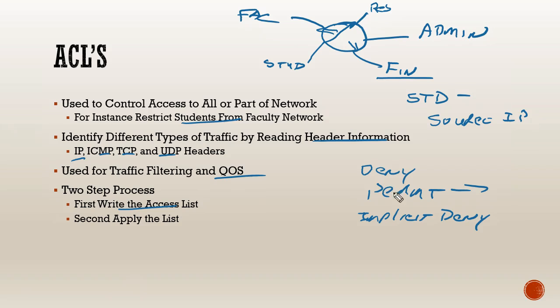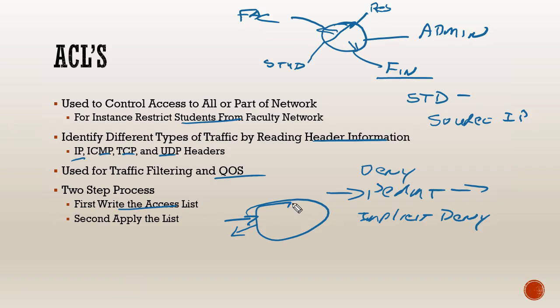So we have to have at least one permit statement in an access control list. Once we write the list, then we're going to apply the list to an interface. The interface on the router, and we're either going to apply it as an inbound or as an outbound. So we're either going to control what goes in or what goes out.